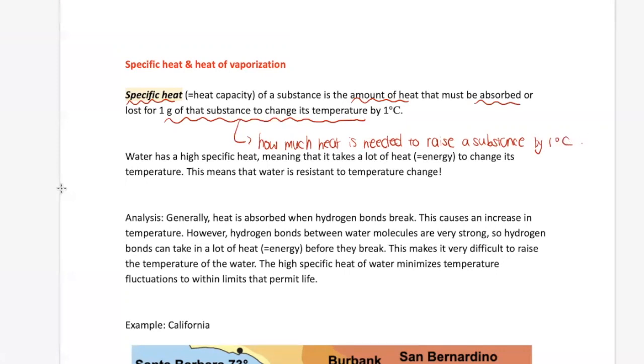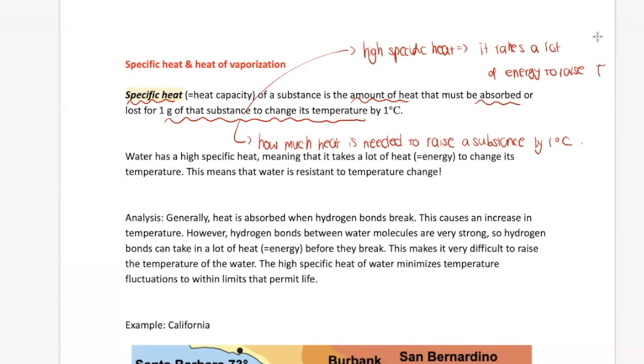So what does it mean to have a high specific heat? When a substance has high specific heat, it means that it takes a lot of energy to raise its temperature.